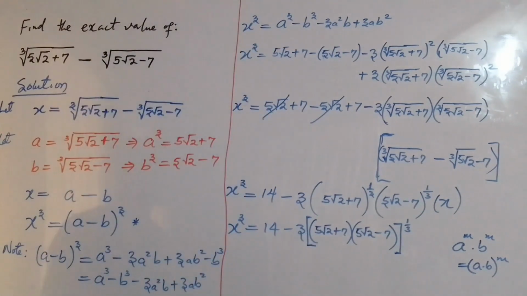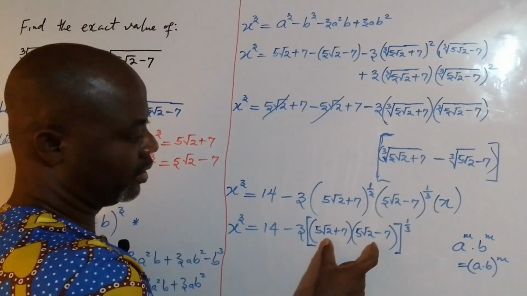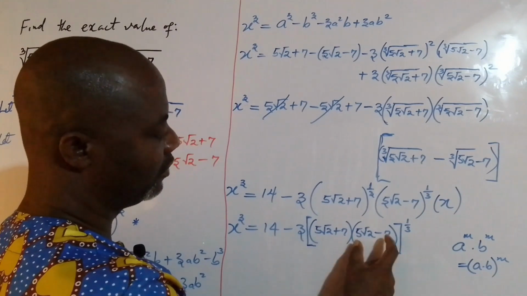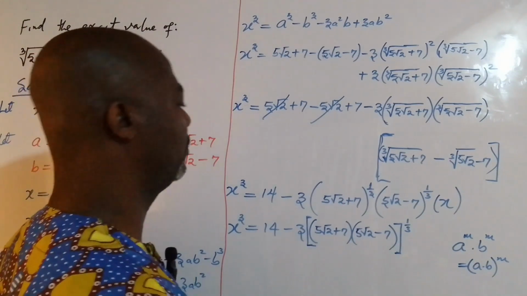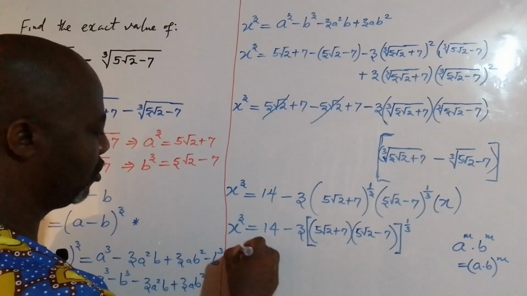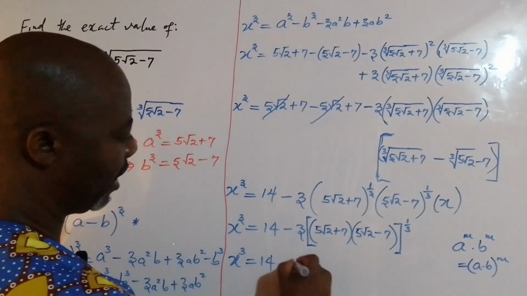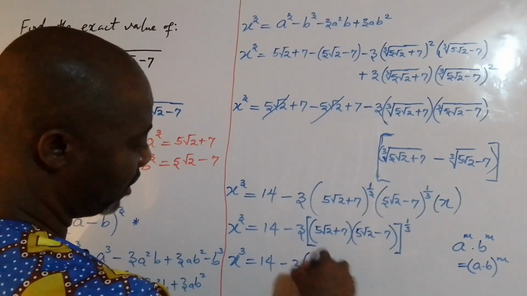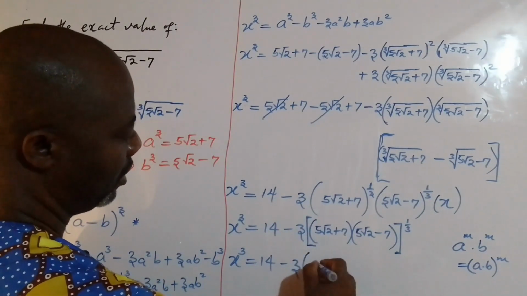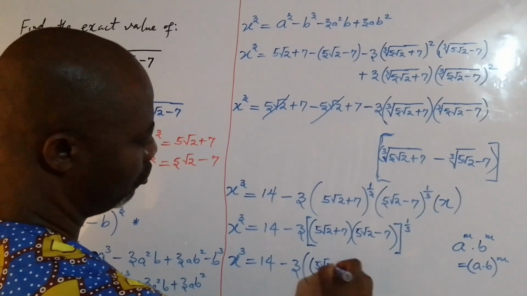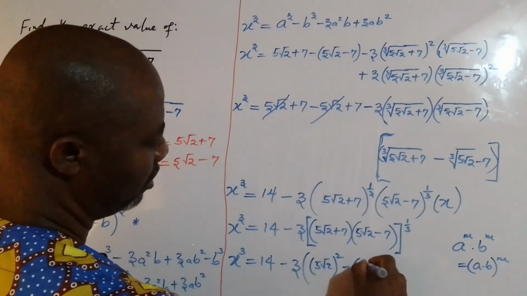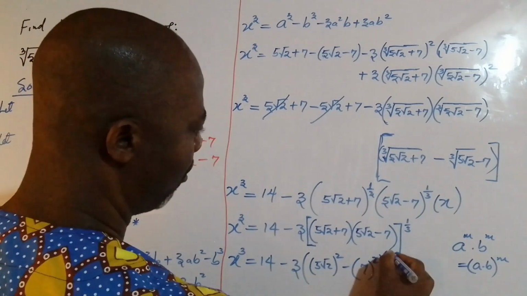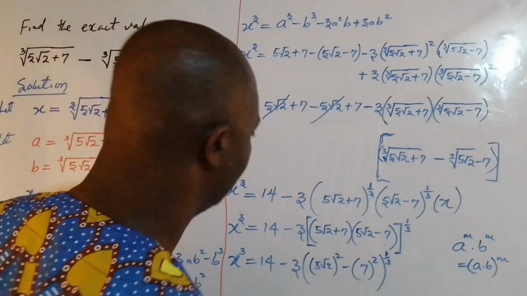These are conjugate radicals: 5 root 2 plus 7 is the conjugate of 5 root 2 minus 7. So further we have x cubed equal to 14 minus 3. So this now becomes 5 root 2 squared minus 7 squared, all to the power of 1/3.